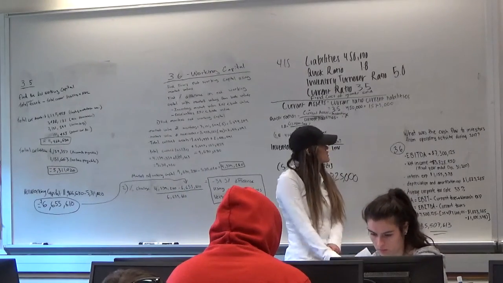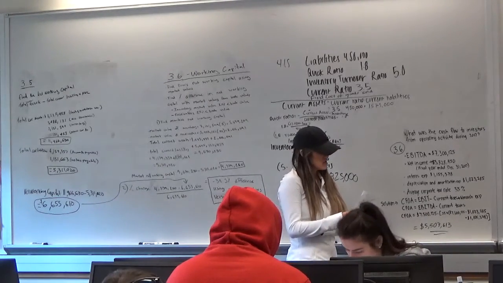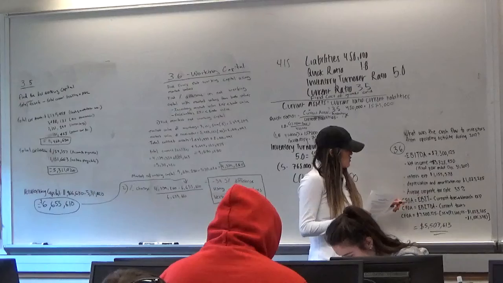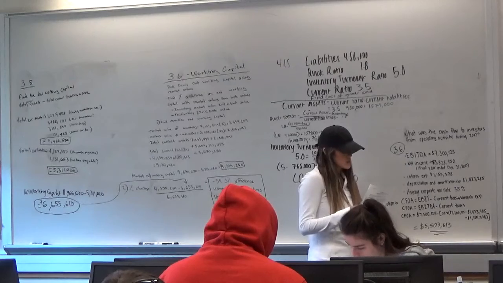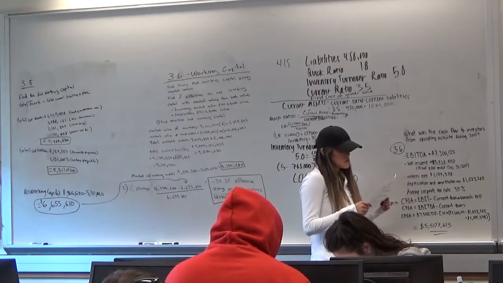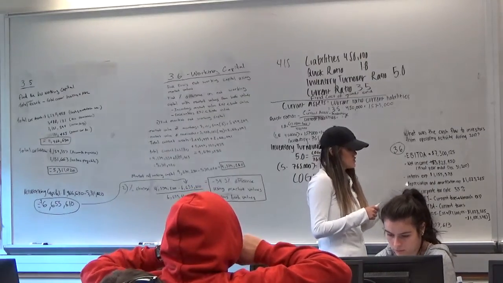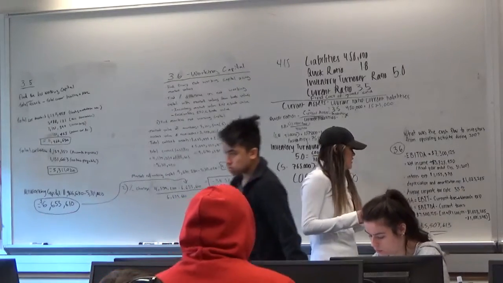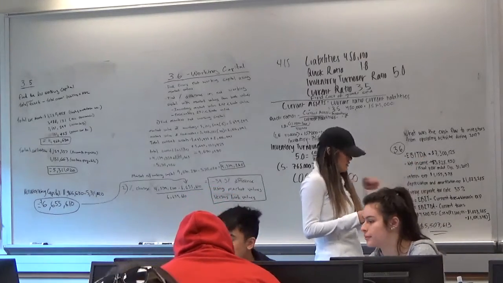So the question is 3.6, what was the cash flow to investors from operating activity during 2017? So to get your CFOA, your cash flow of operating activities, you take your EBIT, which is your earnings before interest and taxes, minus current taxes, plus non-cash, and then you have CFOA equals EBITDA, which is earnings before interest, taxes, depreciation, and amortization, minus current taxes, and your EBITDA is 7,300.